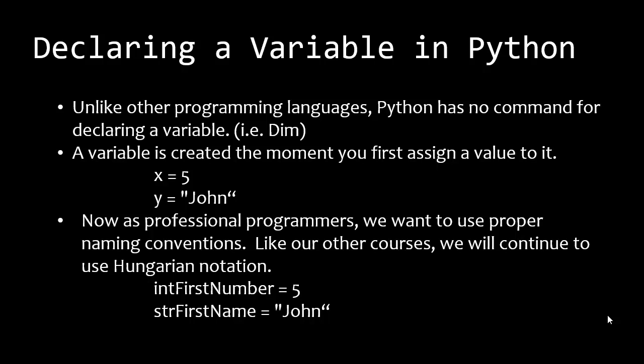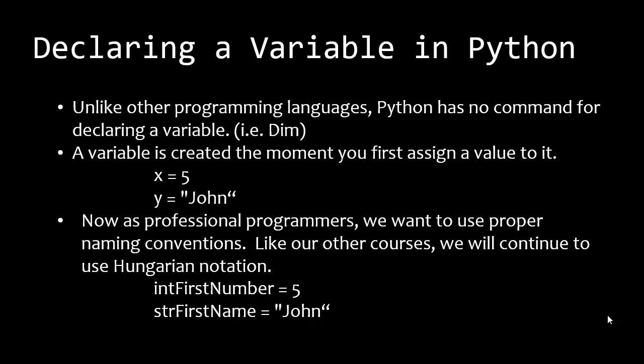So in this case, instead of x and y, we're going to use intFirstNumber. So int, as in integer, equals 5, and strFirstName equals John. Does that make sense? When you start writing your programs, please name your variables correctly. I provided the naming standards and coding standards in the course, and you'll find them there to help you determine how to go about naming your variables.